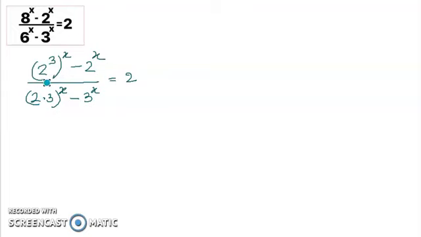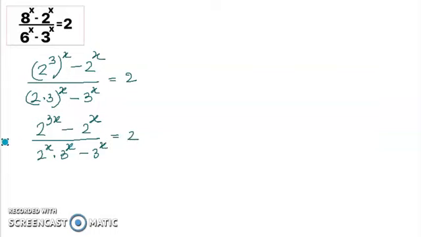Now 3^x can be written as (2^3)^x minus 2^x all over 2^x times 3^x minus 3^x equal to 2. I hope so far everything is clear.